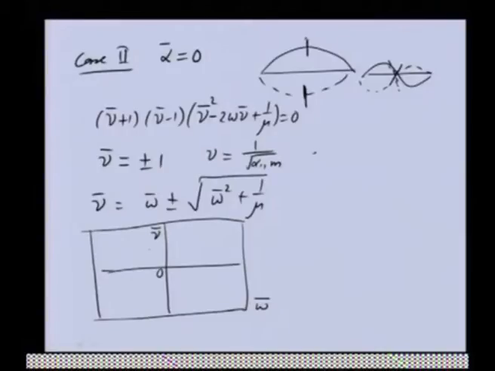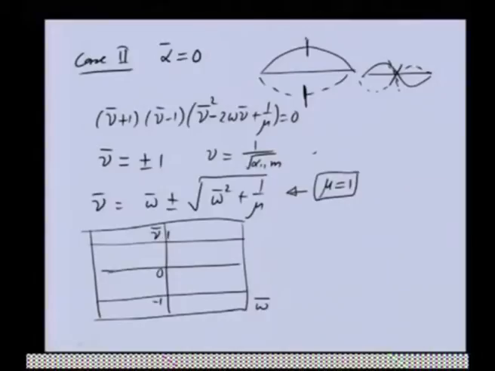We will get a horizontal line corresponding to the first two roots, because nu bar is plus 1 here and minus 1 here. In the second equation, there is another parameter mu. For plotting purposes, we are assuming that mu is equal to, let us say, 1.